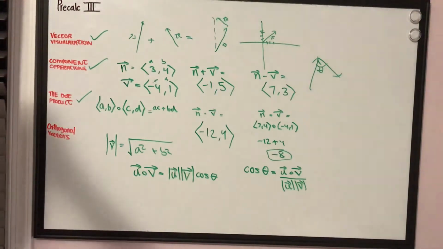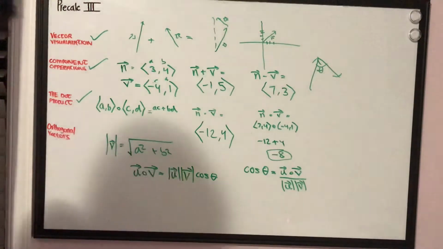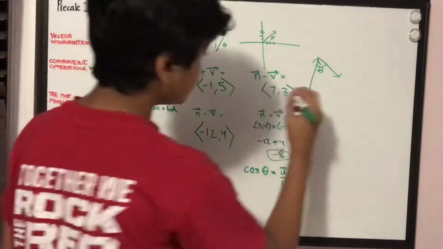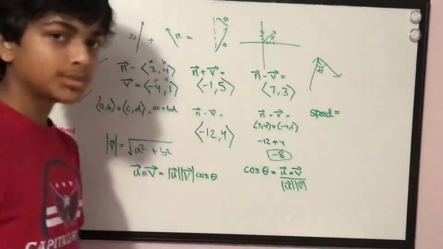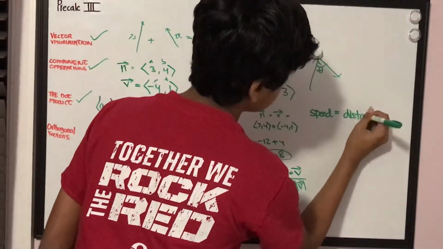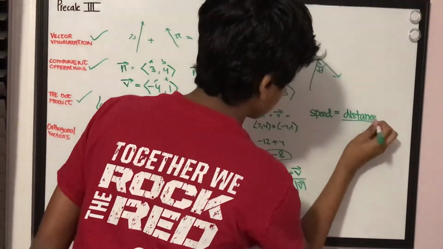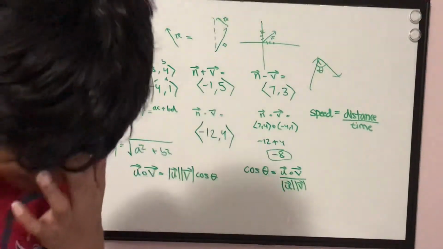Now before we get into orthogonal vectors, I forgot to talk about something, and it's speed. You need to know this for this unit, where we're going to have word problems. You might see word problems on a test often. So you're going to need to know speed is equal to distance over time. That's pretty important.